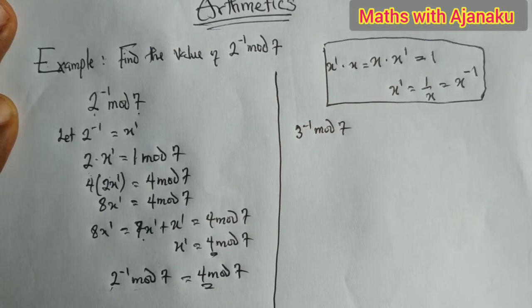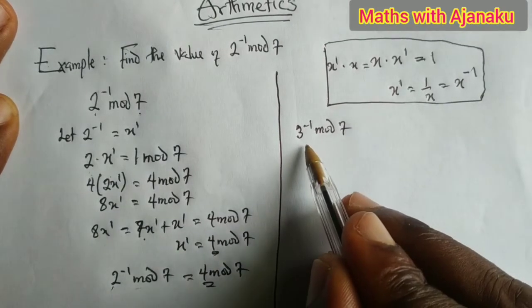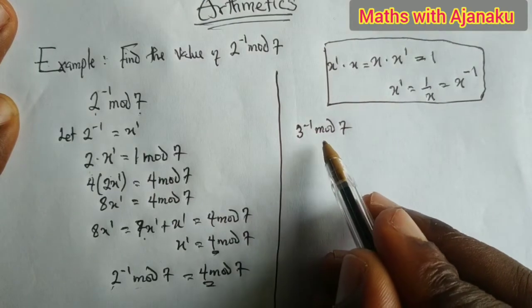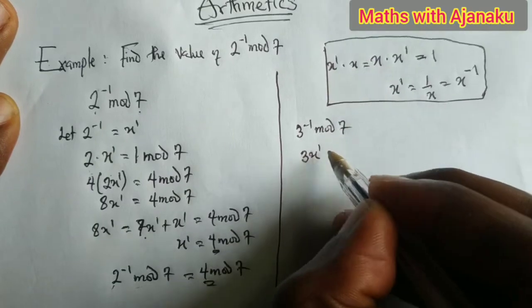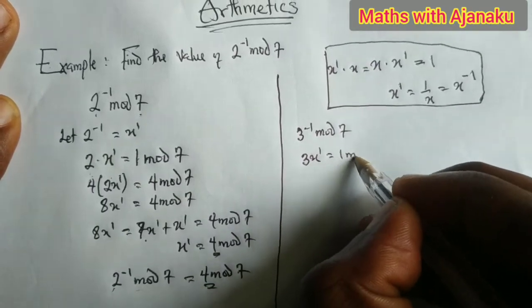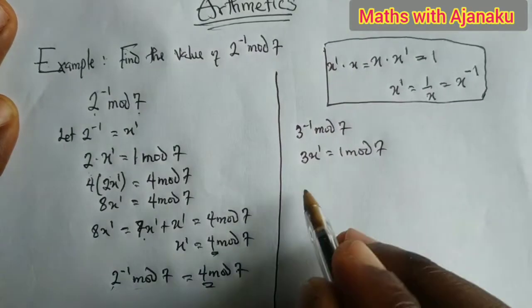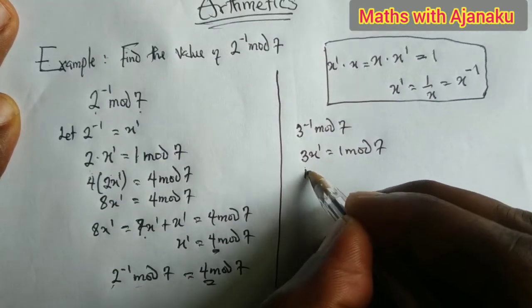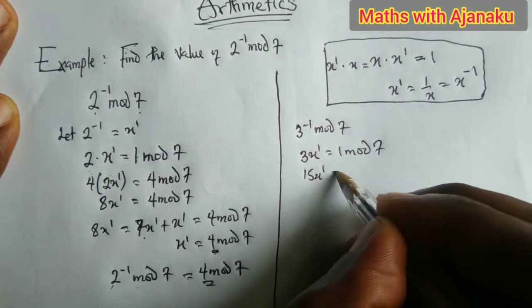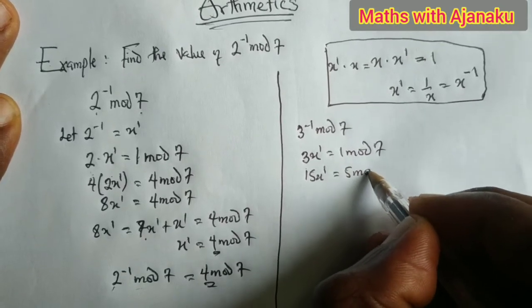Using this same method again, we can get the inverse of 3 in modulo 7. So this is going to be 3x prime equal to 1 modulo 7. For example, 15, we can easily get 15 if we multiply this by 5. This will be 15x prime equal to 5 modulo 7.